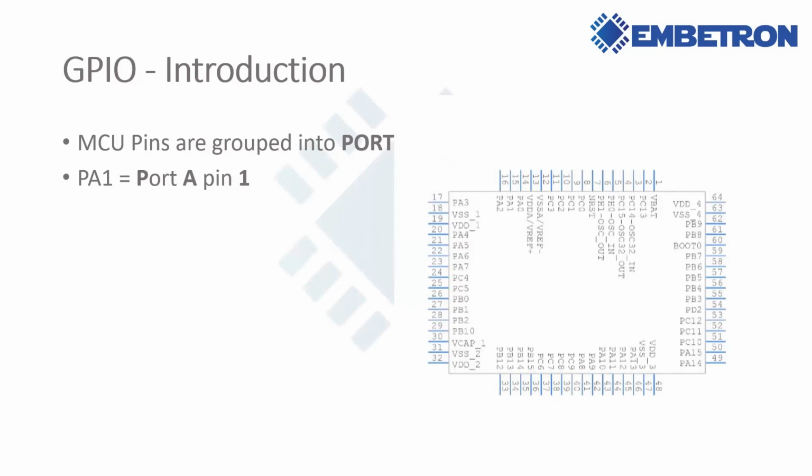So there are various ports, as we can see in the diagram: port A, port B. Here we see port A pins, then here port B pins, here we see port C pins. So to access any port pin, this is the symbol that we are going to follow. So PA1 means port A pin 1.